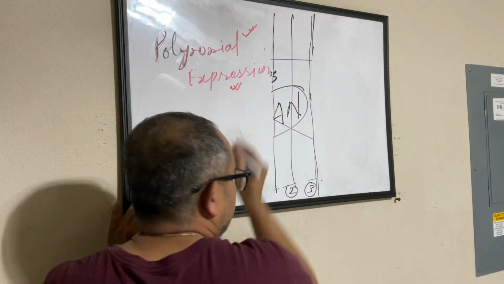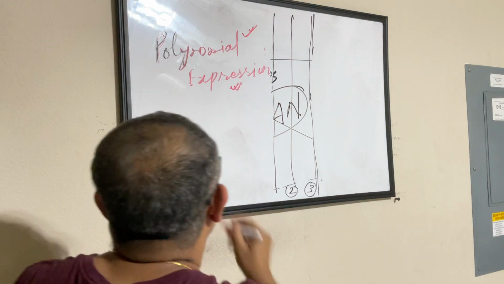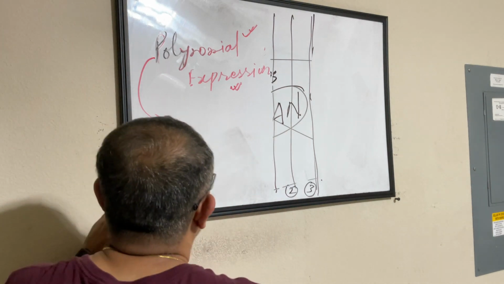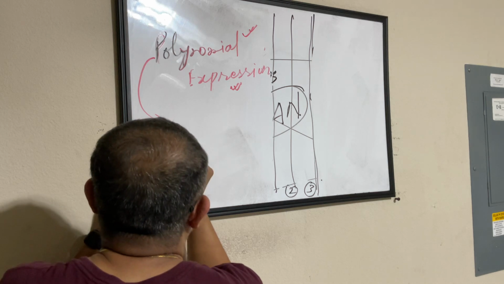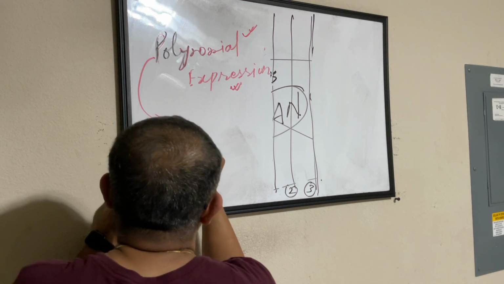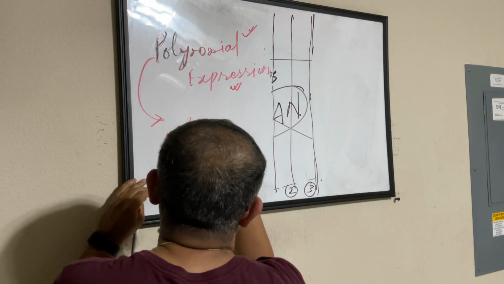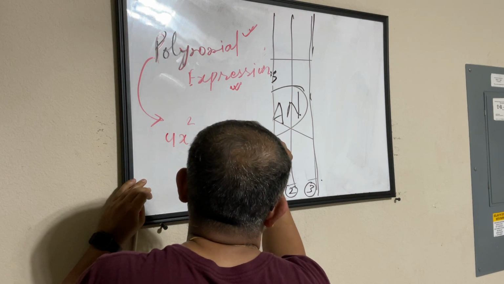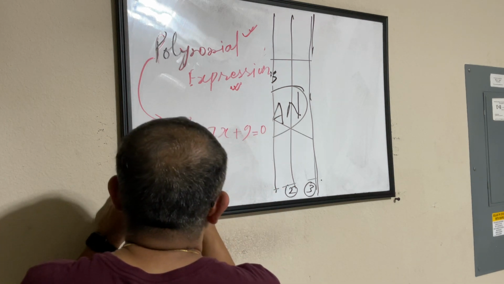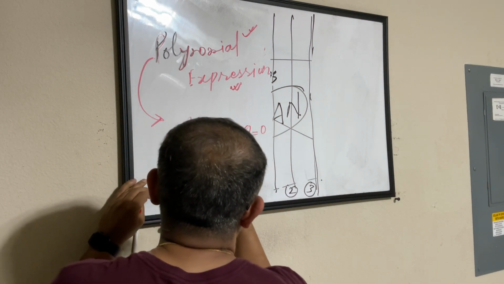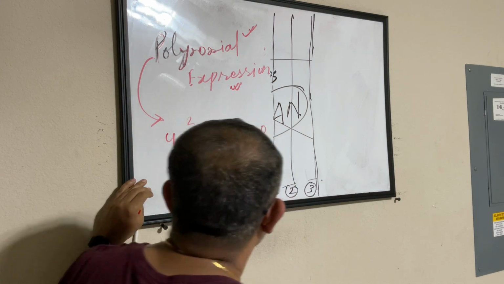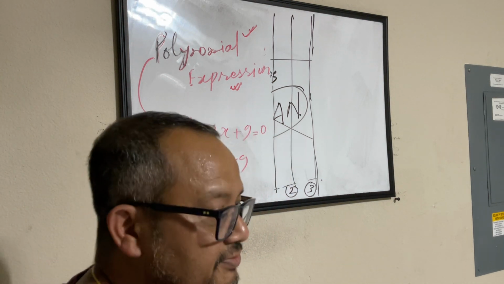Expression has a meaning to it. When you say polynomial, let's look at some examples first. If I'm talking about 4x squared plus 7x plus 9 equal to 0 versus 4x squared plus 7x plus 9, what is the difference between these two?